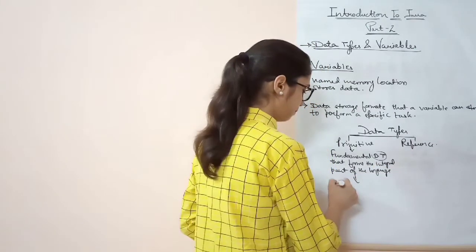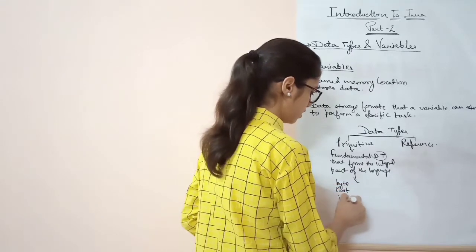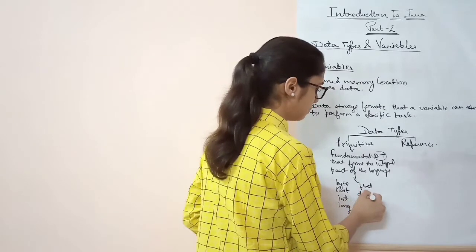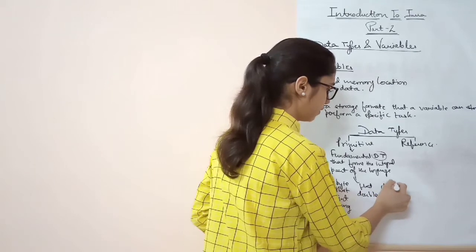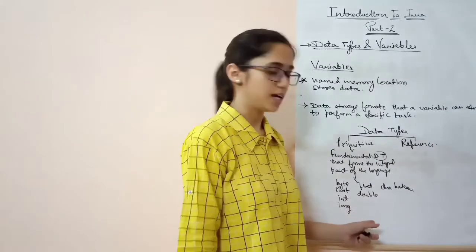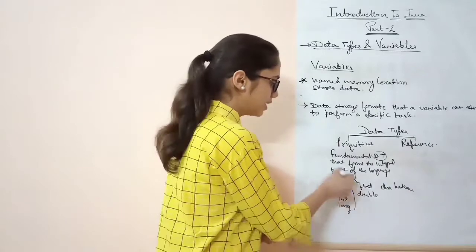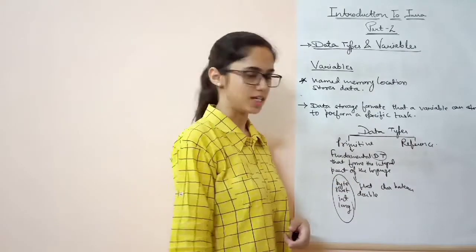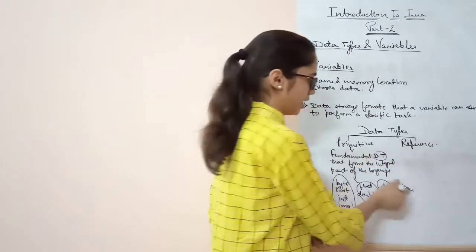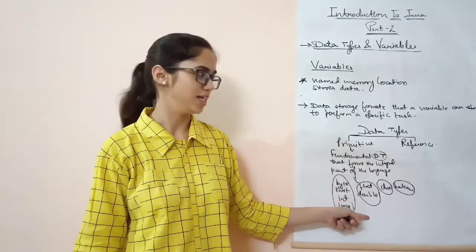Examples of these are byte, short, int, long, float, double, char, and boolean. Now I have written these 8 data types in this way because I want to group them into 4 categories. This is integer data type, this is real data type, character data type, and boolean data type. So they are grouped into 4 categories.